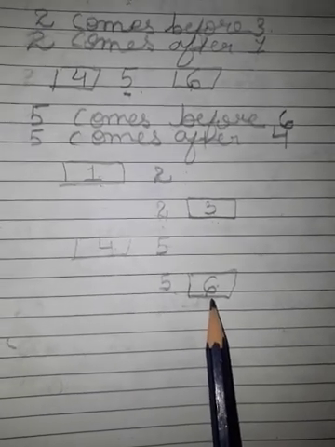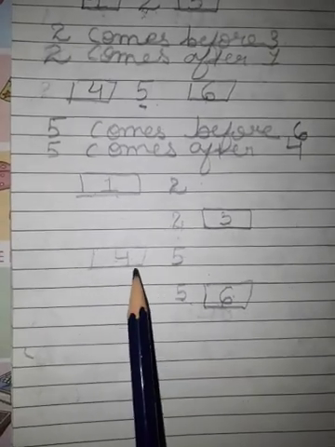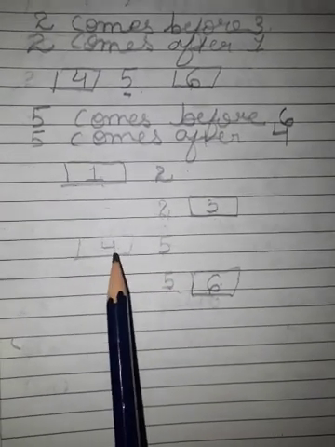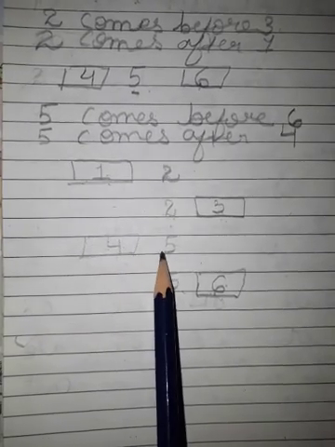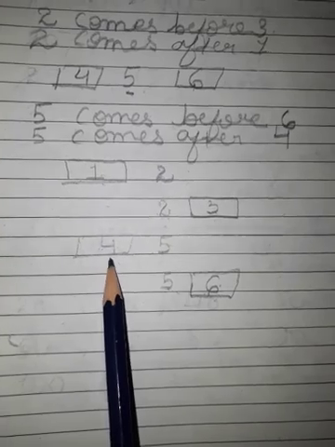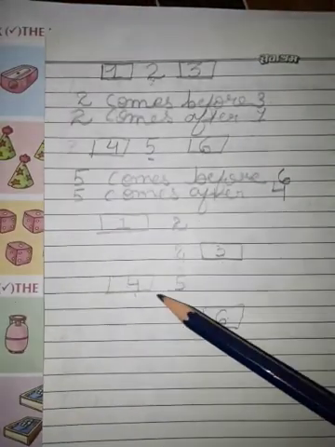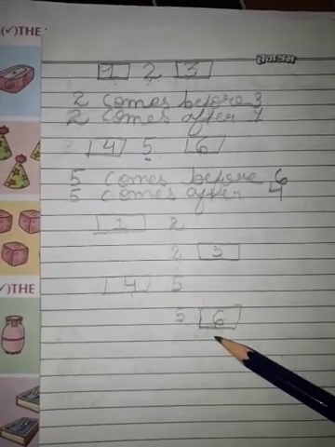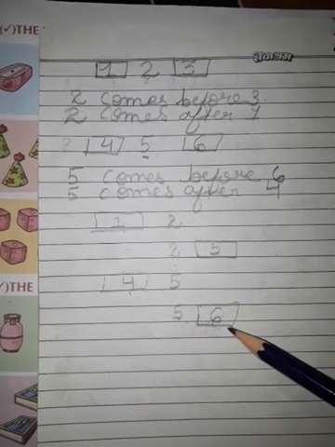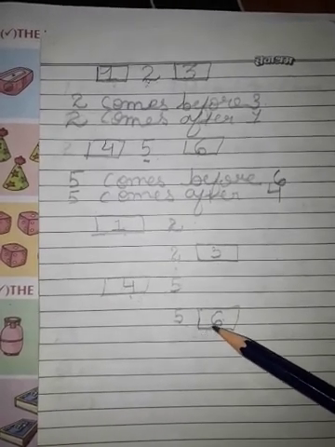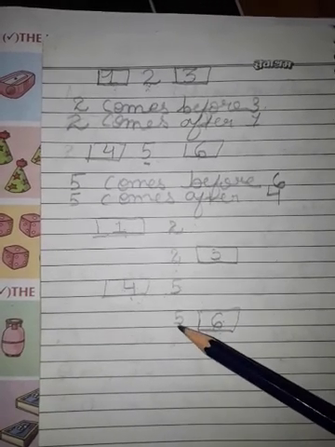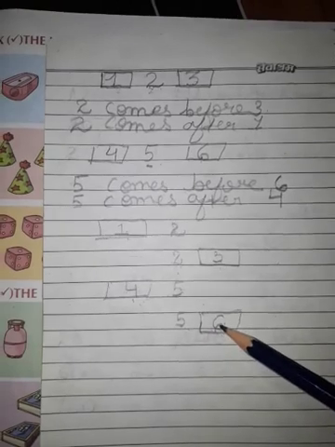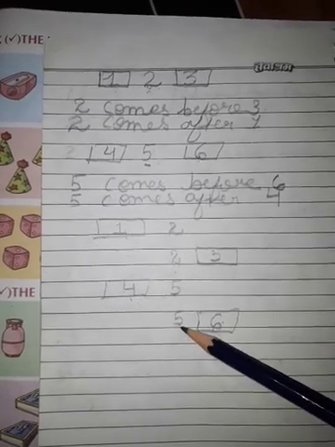5 is greater, so the greater number comes after. 5 comes after 4, and 5 comes before 6. So 5 and then 6. 6 is greater, so 6 comes after 5.